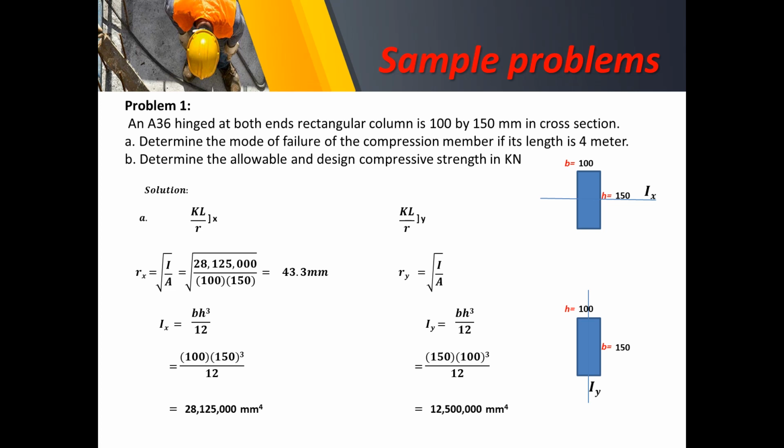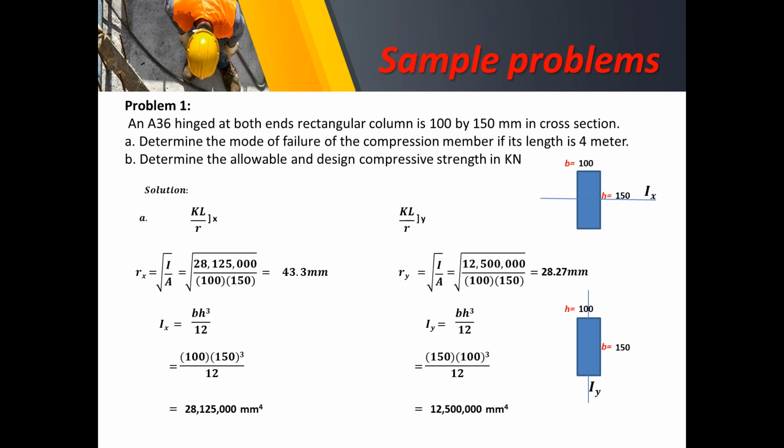So we can have 12,500,000 millimeter raised to 4. So with this I, of course, we can now compute for the corresponding radius of gyration along the y-axis, and that will be equal to 28.27 millimeters.